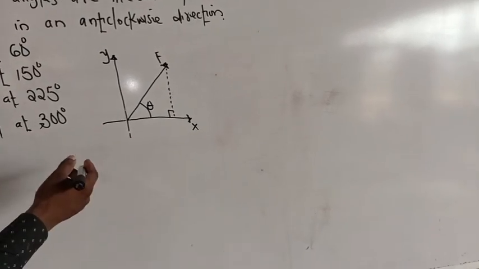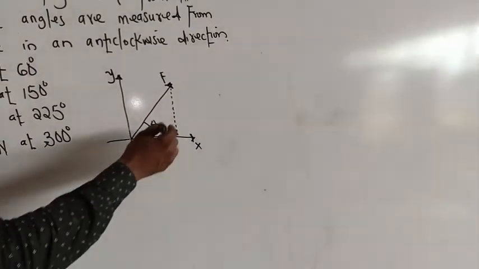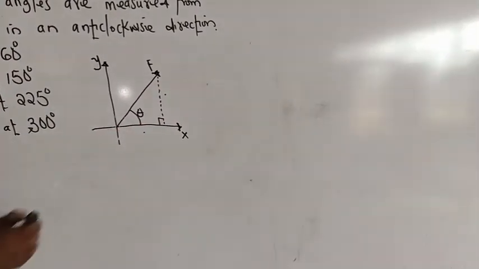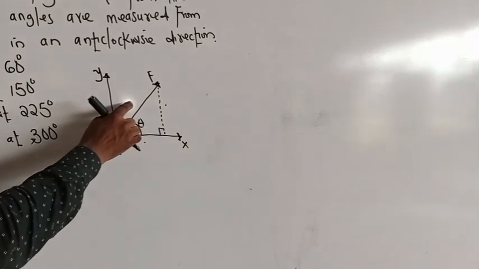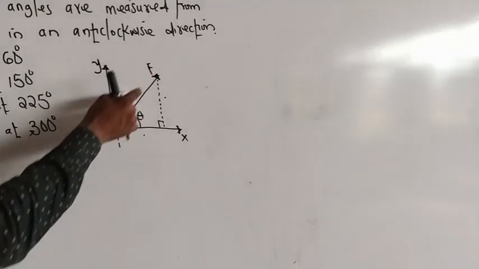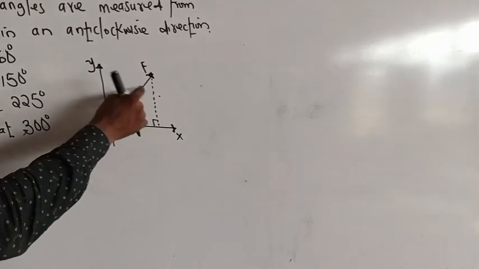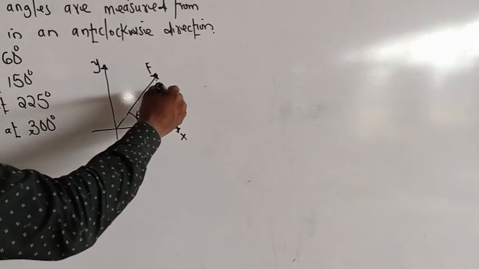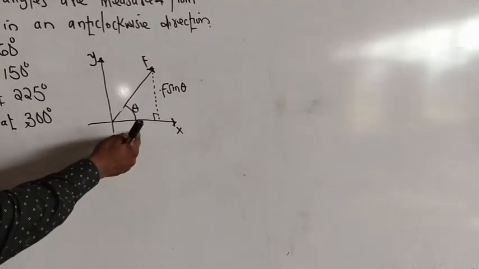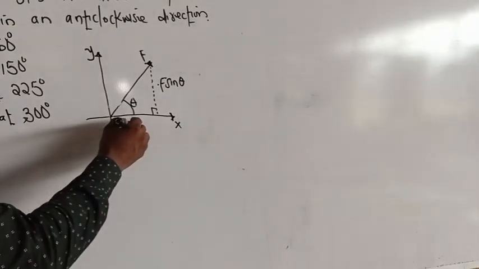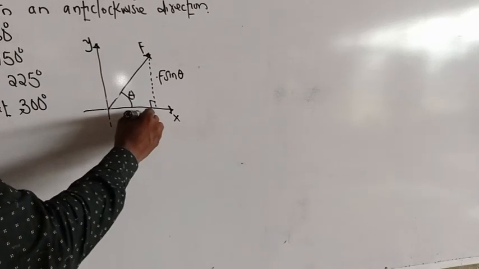If I simplify this right-angled triangle by looking for the opposite and the adjacent, we apply SOHCAHTOA. Opposite over hypotenuse, because the hypotenuse is the value of this force. Opposite over hypotenuse, that is sine. So here will give us F sine theta. While adjacent over hypotenuse, that is cos. Here will give me F cos theta.